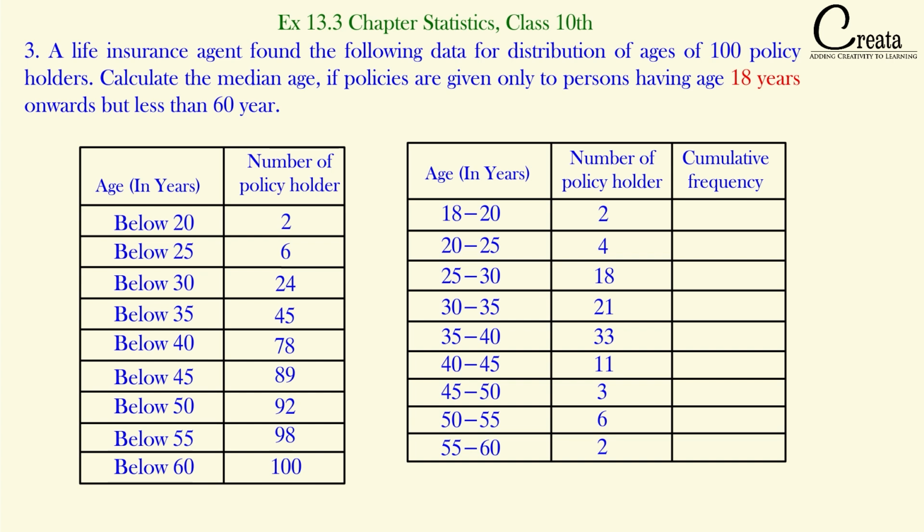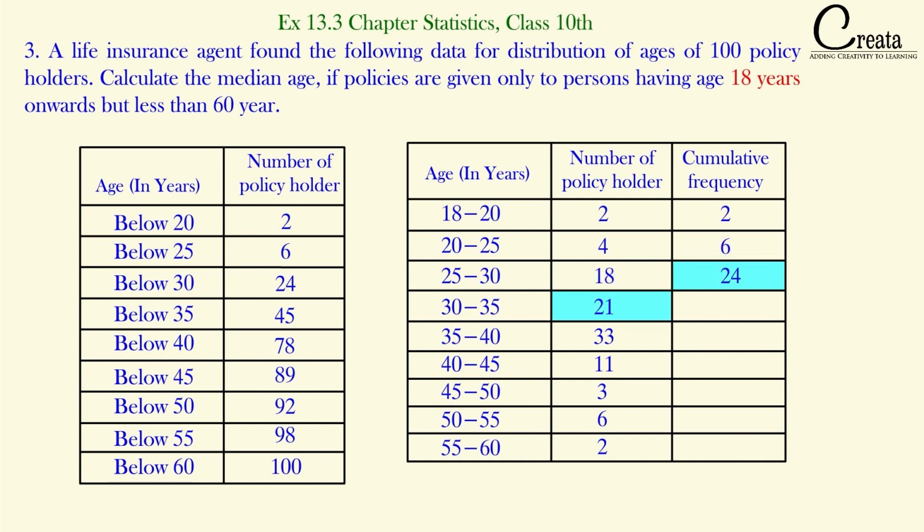In the first row, it will be the same as 2. In the second row, it will be the addition of frequency up to the second row, which is 2 plus 4, which is 6. Further, in the third row, it will be the addition of all these 3 frequencies, or 6 plus 18. So 6 plus 18 we got as 24.